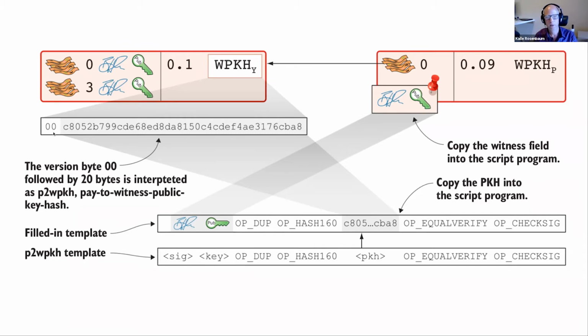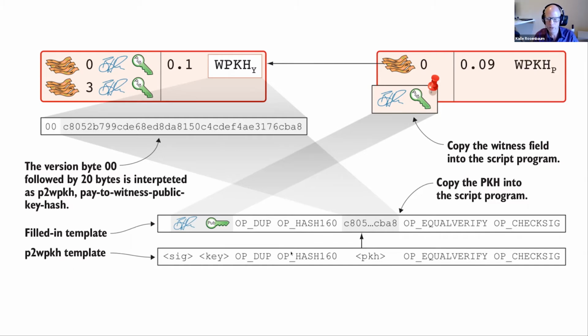Because if it starts with a 0 byte followed by a 20 byte witness program, it knows that this is the pay to public key hash pattern. And if it encounters this pattern, it will use a specific template to verify this transaction. So it will use the pay to witness public key hash template, which looks like this.